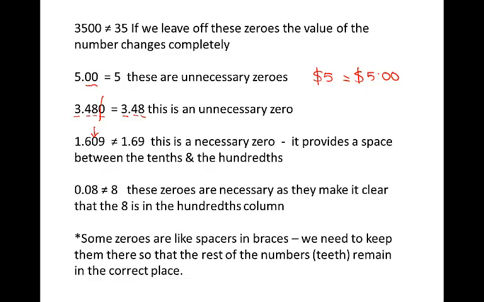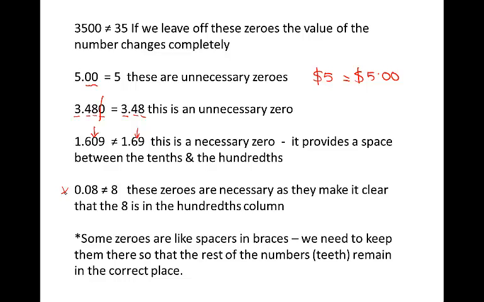So this 0 here is very important. We can't leave it out. It provides a space between the tenths and the thousandths, and for that reason, if we leave it out, we get a number here that says 6/10 and 9/100 instead of 6/10 and 9/1000.